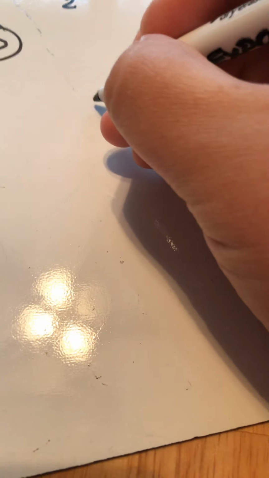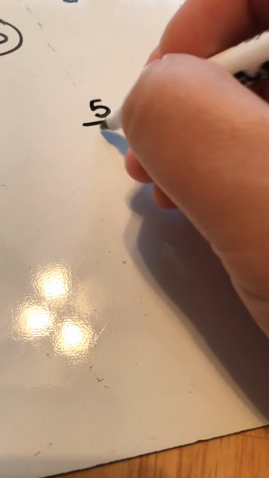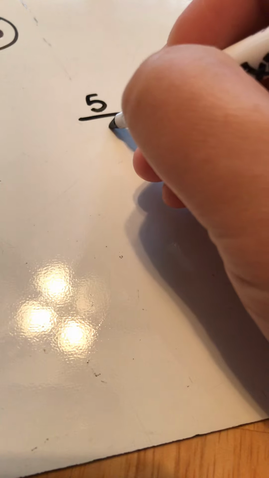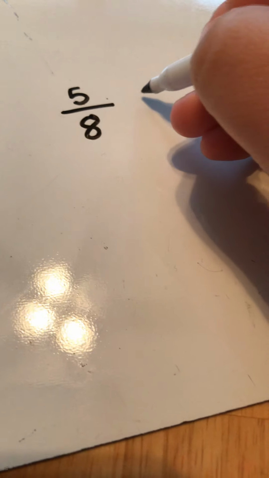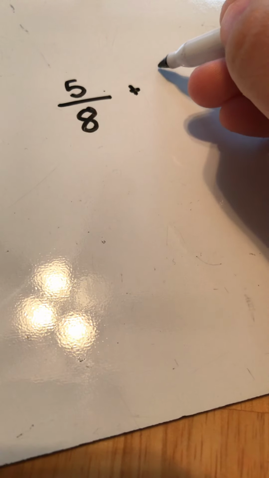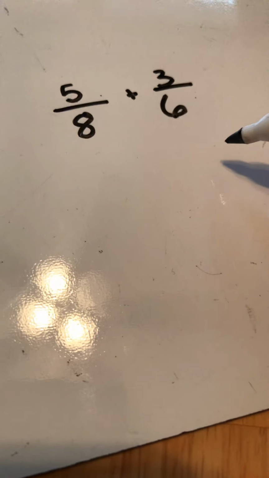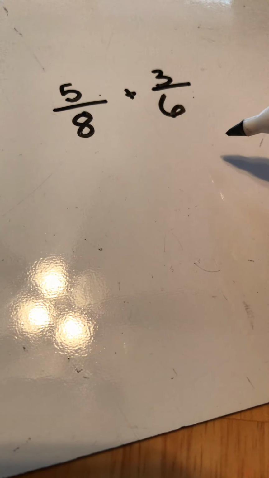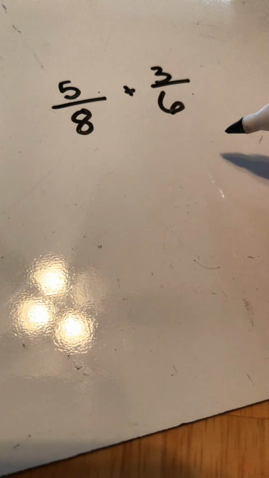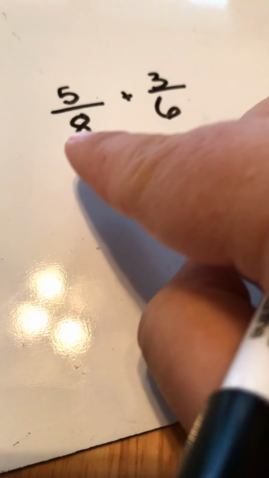So what I want you to do is work out this problem: 5/8 plus 3/6. Work out that problem and leave a comment after the video telling me what you got.